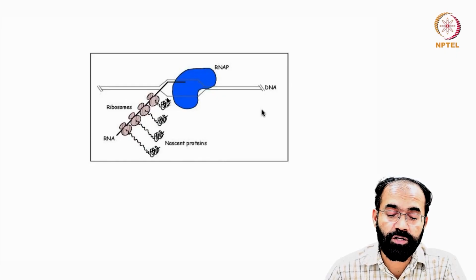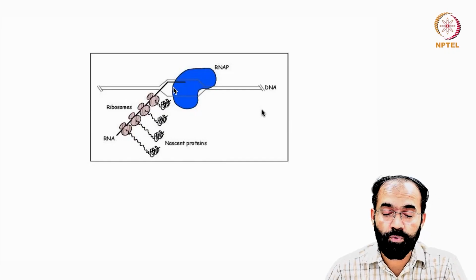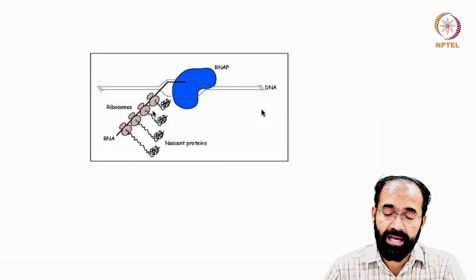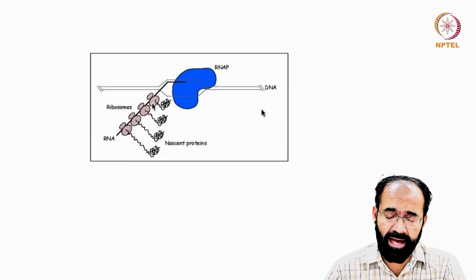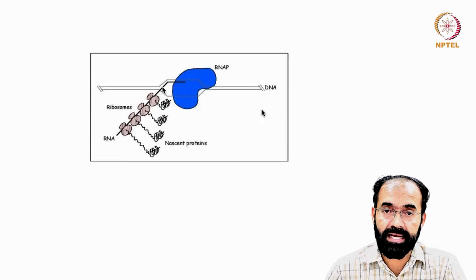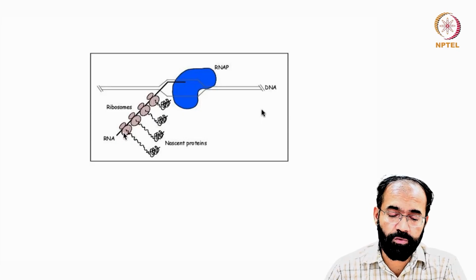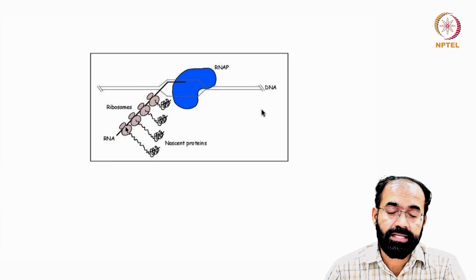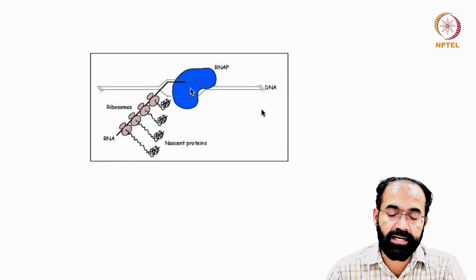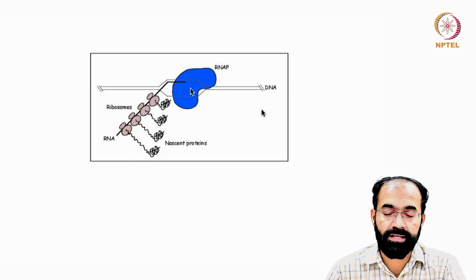The DNA has separated, and the transcription bubble has moved from one end to the other, as a result of which you have RNA coming out of this DNA or the transcription bubble, and this RNA is now bound with 1 pair, 2 pair, 3 pair, 4 pair, like that, and each of them has a varying length of nascent protein. So RNA transcription hasn't completed and the protein translation hasn't completed. They are at different stages of completion.